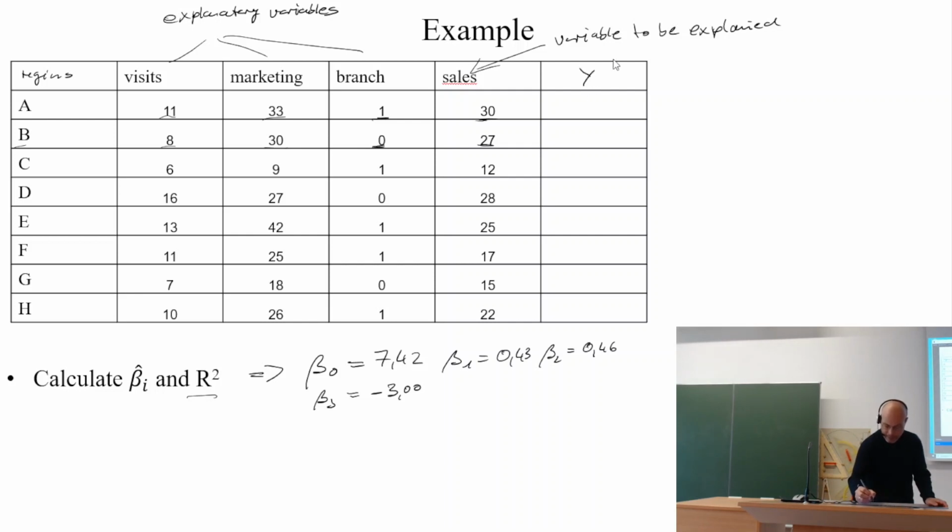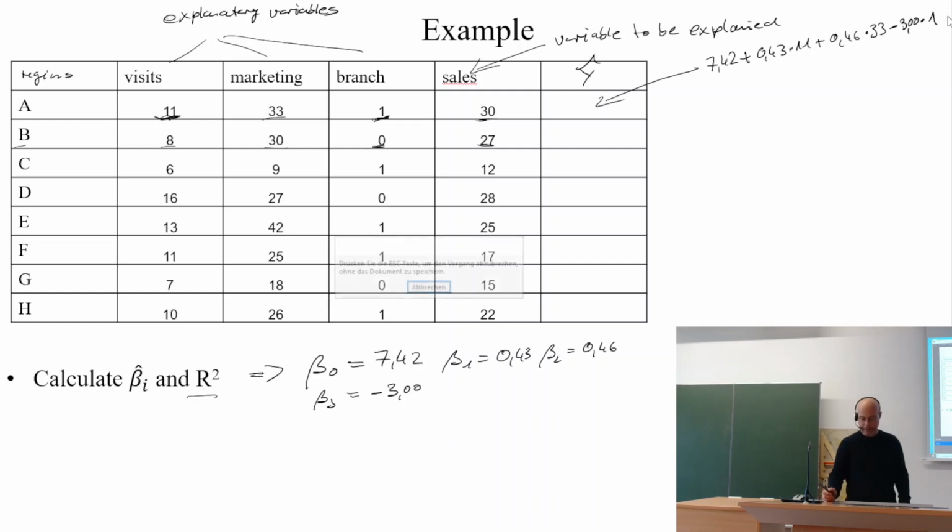If we want to calculate our estimated sales volume, then this would be nothing else than 7.42 plus beta 1, 0.43, times the number of visits, plus 0.46 times marketing volume, minus 3.00 if I have a branch or no branch.